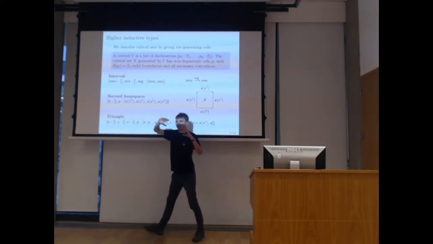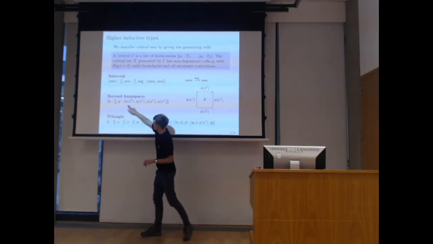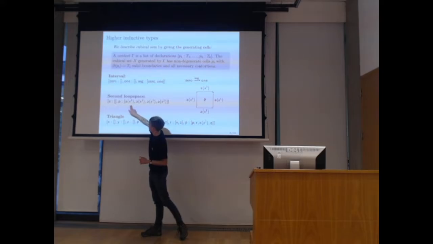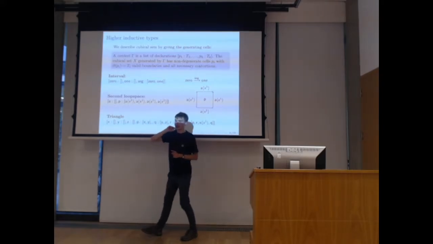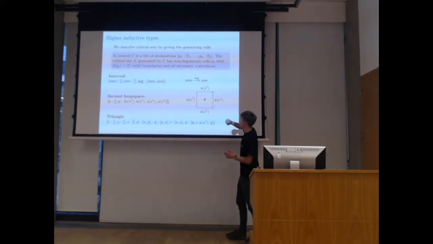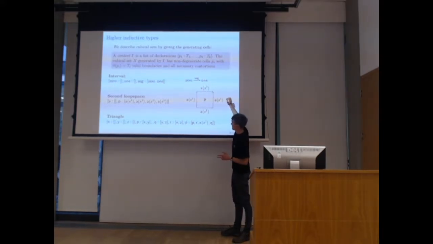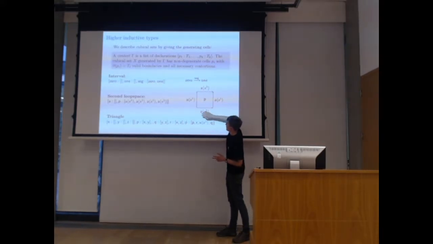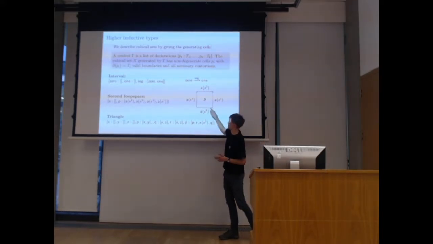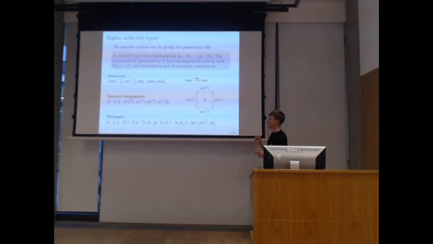A square needs 1-dimensional boundaries. We'll make this A into a 1-dimensional cell with σ to the 1. So we can depict this. P is a square filler, where at the boundary we always have a constant A path, so this means the vertices will also be just A. Yeah, and in this way we talk about cubical sets.